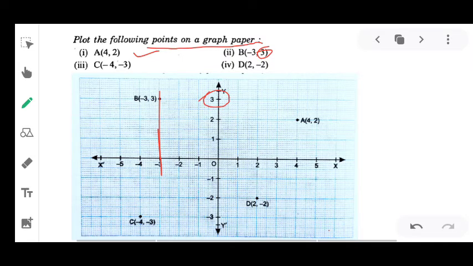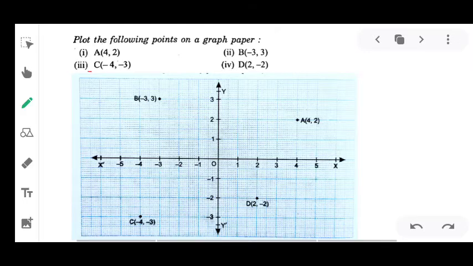This is the point. Now draw a line parallel to the x axis. Now these two lines intersect at the point B, so this is B, minus 3 comma 3. These two lines are imaginary lines. You don't need to draw these two lines. Clear?